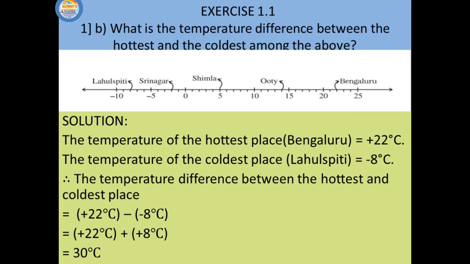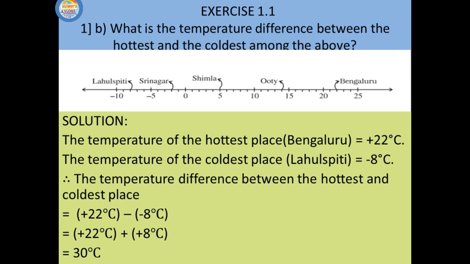As you all know, how to subtract the given integers, that is, we are adding the additive inverse of the number that is being subtracted. So, plus 22 degrees Celsius plus the additive inverse of minus 8 is plus 8.